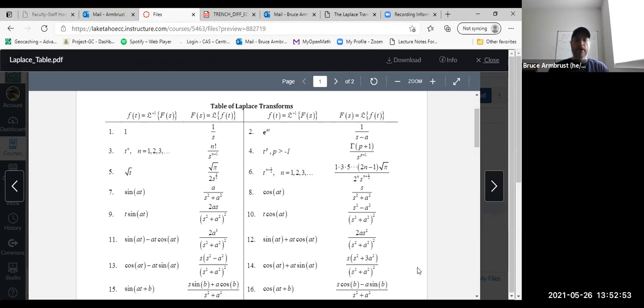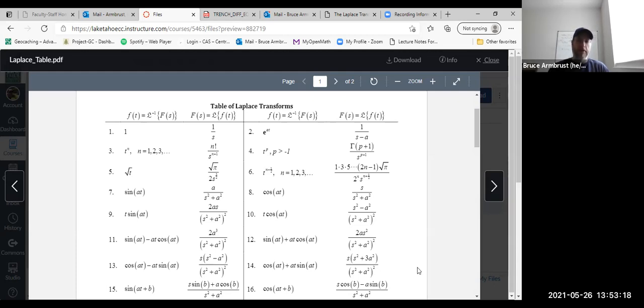So t squared was 2 factorial, also known as 2, over s cubed. And then we did e to the at, and I got 1 over s minus a. But I just wanted you to see that these are known for all kinds of different things.